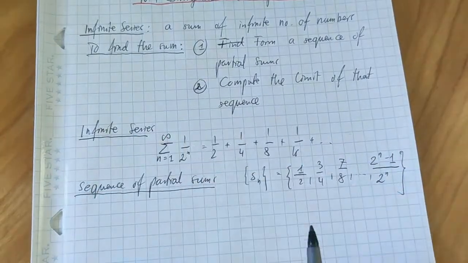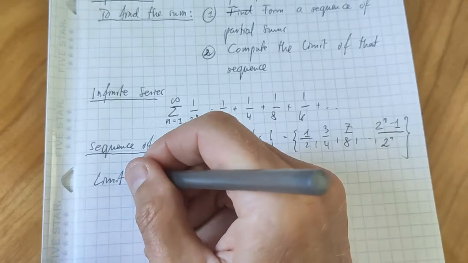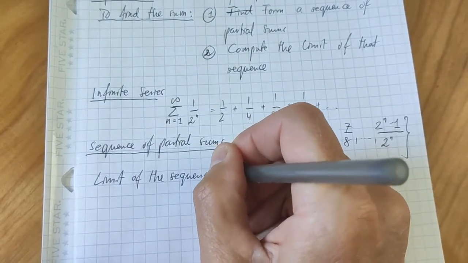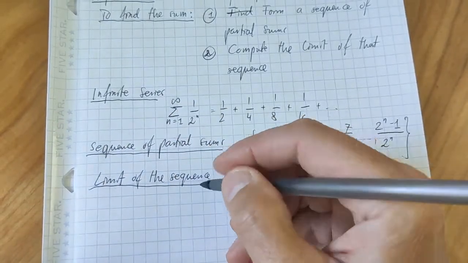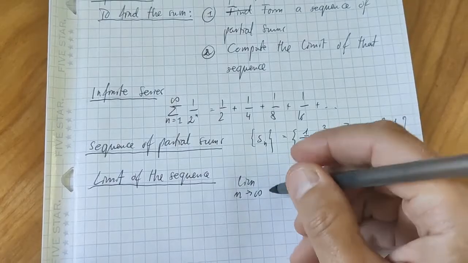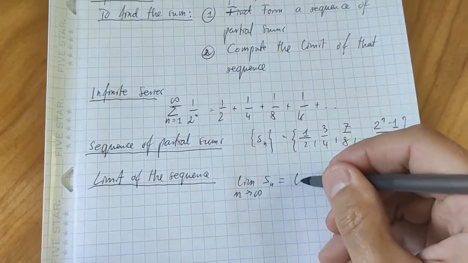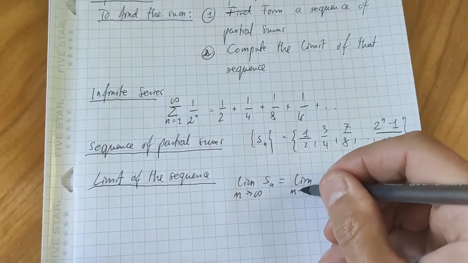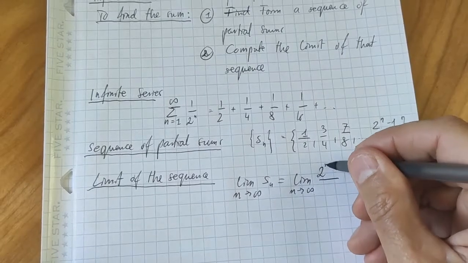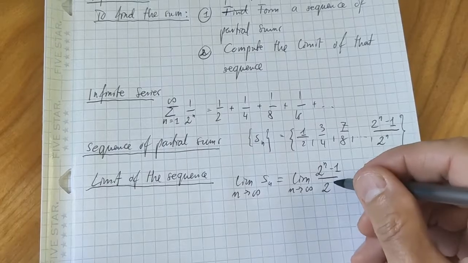Now we compute the limit of that sequence: the limit as n approaches infinity of s sub n. I have that explicit formula in there, and we already know that it equals 1.